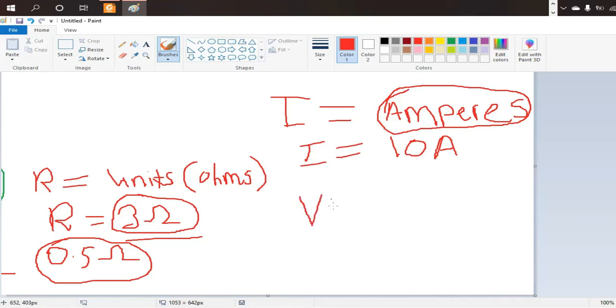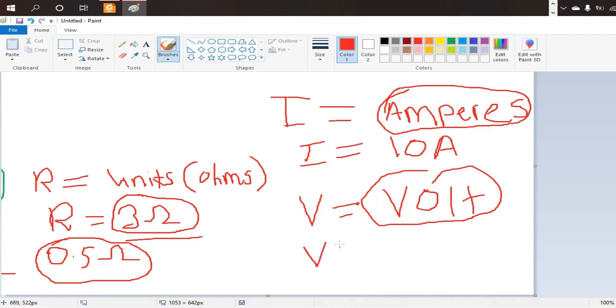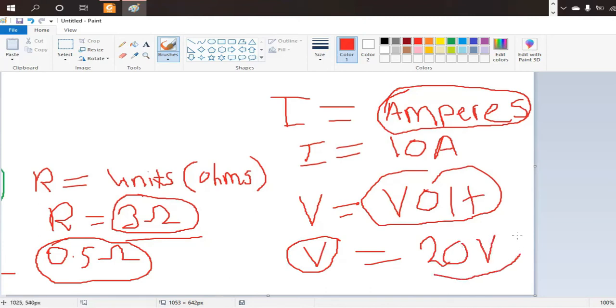And then the voltage, it is just the volt, and the symbol is just the V. So you can have, for example, 20 volts, 20 V, meaning the voltage is 20. Can you see what I'm writing there? Yes.